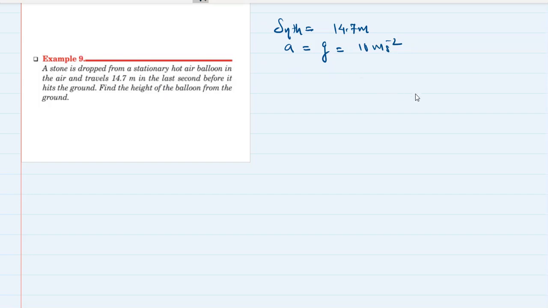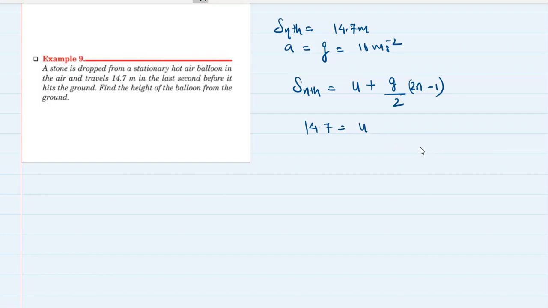Okay, so what is the formula for the distance traveled in the nth second? The formula is u plus a by 2, and in the place of a by 2 we have g by 2, bracket 2n minus 1. Okay, so 14.7 is equal to u.